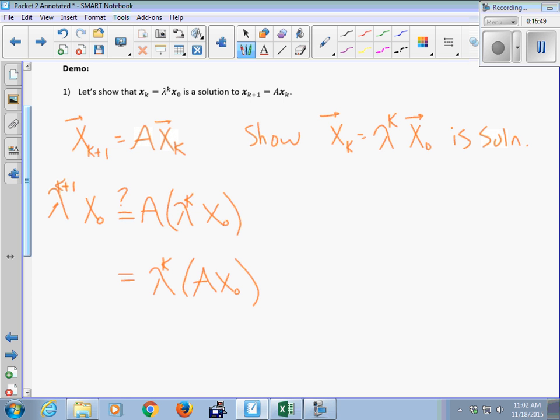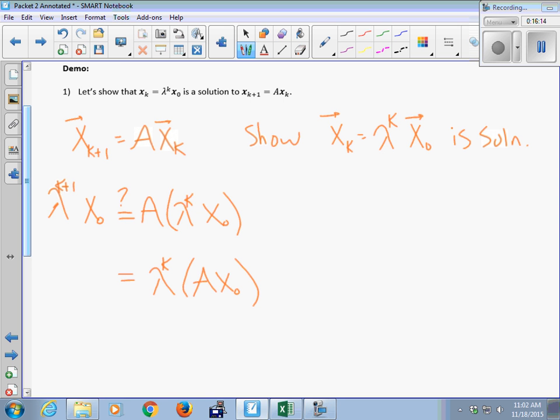I just changed the order. You can if it's a scalar. λ^k is just a number, like 5, and with scalars, those things are movable. Matrices and vectors, you can't change the order, but scalars you can.